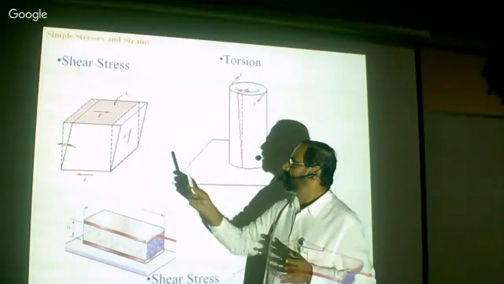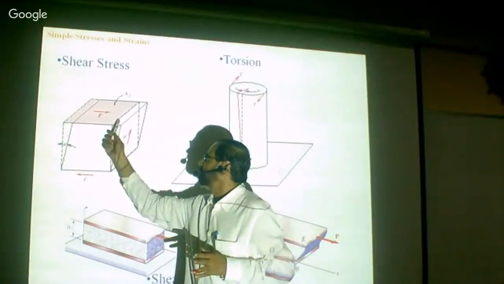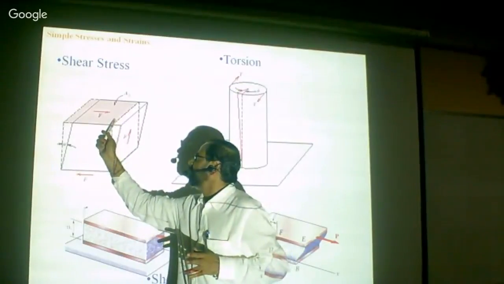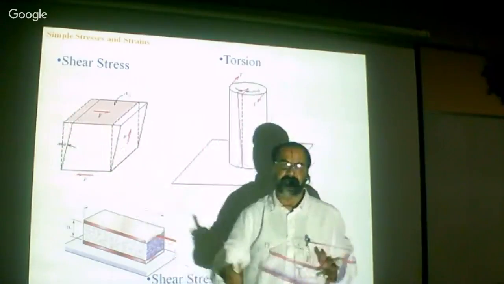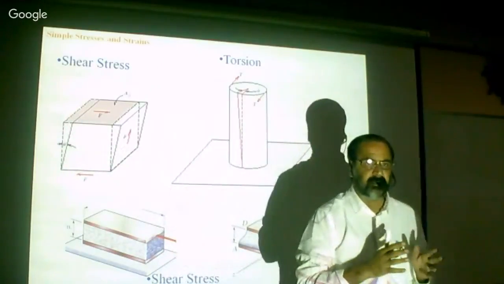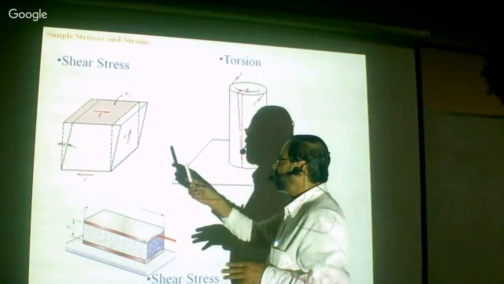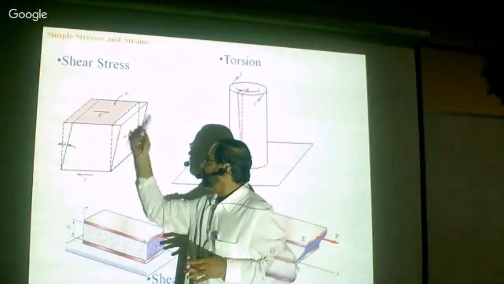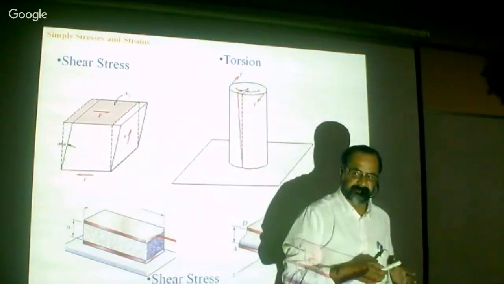Therefore, we have to design the element in such a way that it should not deform, and we have to design in the opposite direction. We have to provide the section to resist the shear force. Therefore, the shear force divided by the shearing area gives you the shear stress.